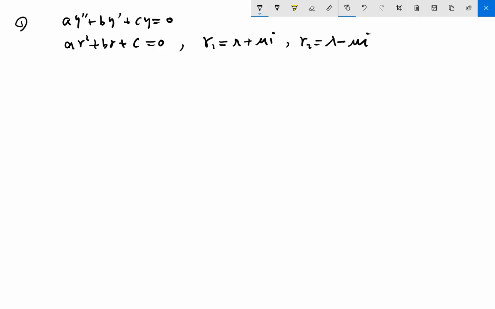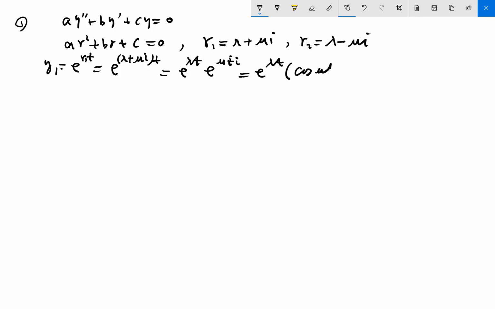In this case, remember we have y1 equal to e to the r1 t. So that gives you e to the lambda plus mu i t, which gives you e to the lambda t times e to the mu i t. Use Euler's formula, which gives you cosine mu t plus i sine mu t, applied on the whole thing.